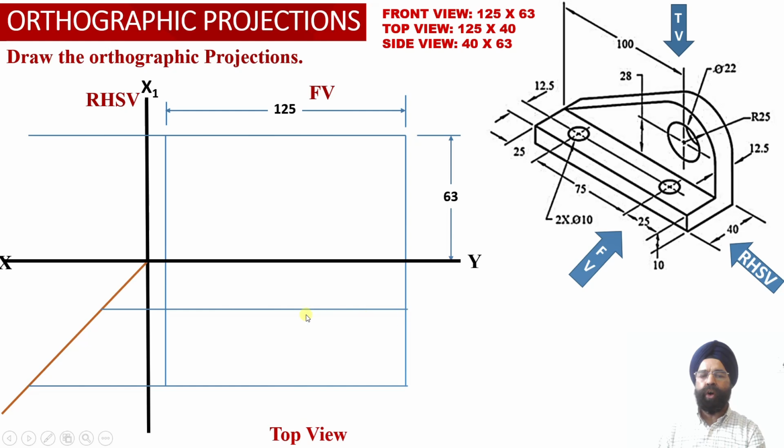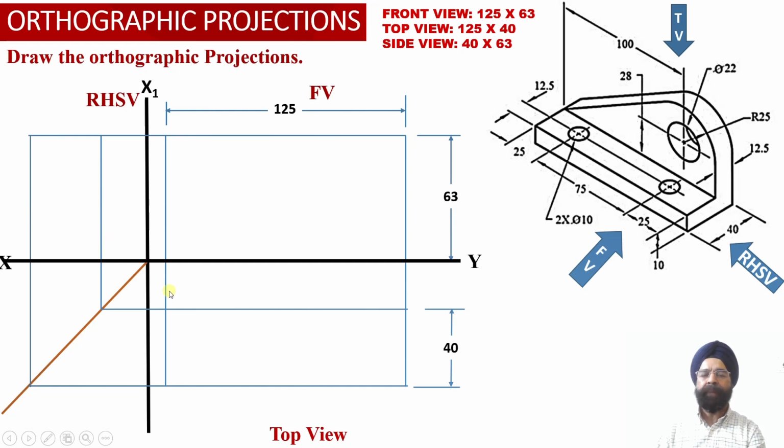So now two horizontal projector lines we have drawn appropriately into the top view projection area, which are separated by the distance equal to 40 millimeter, which happens to be the depth of the solid over here. And these two horizontal projector lines which we have drawn into the top view projections, they are appropriately transferred using this transfer line into the right hand side view projections over here.